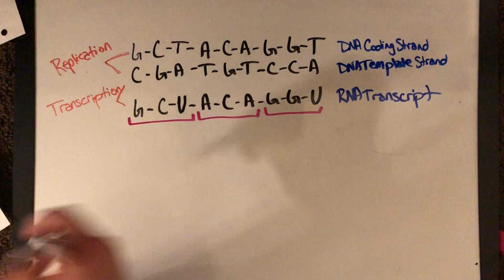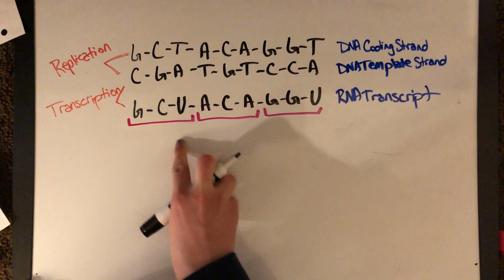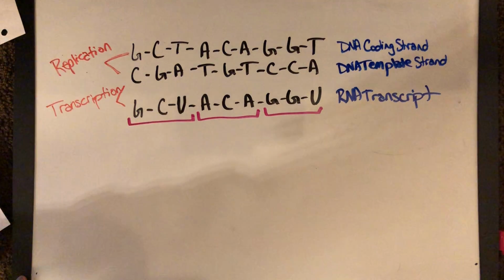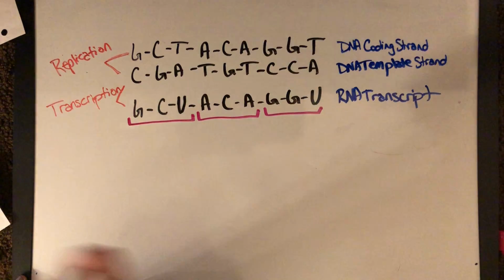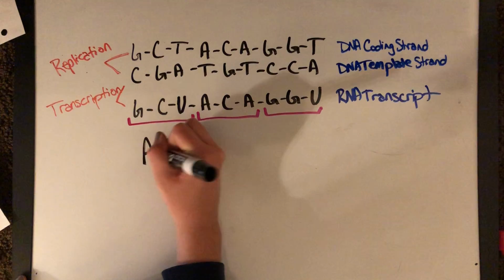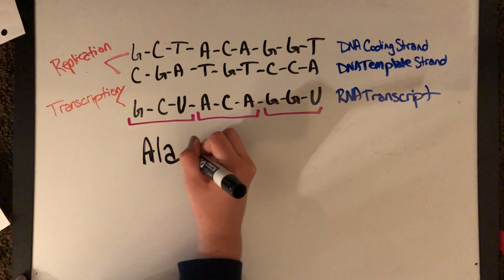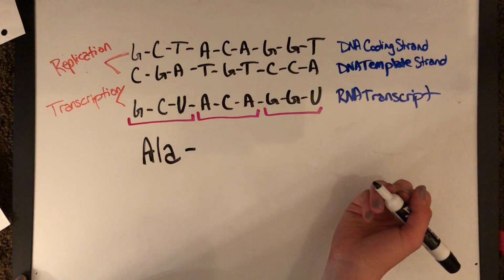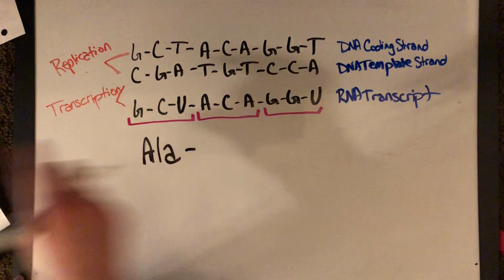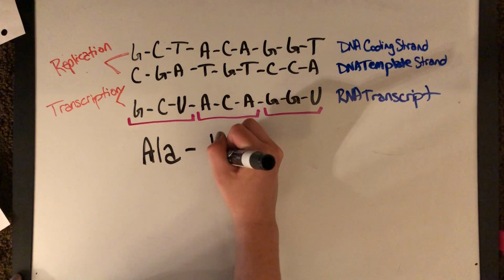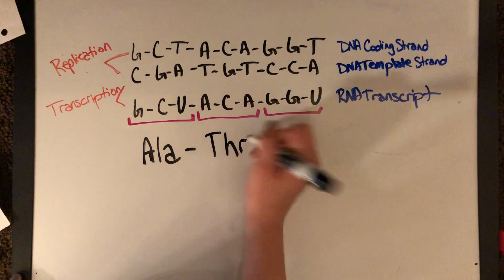If we look at our amino acid chart, our G, C, and U would match up to be alanine, ALA. ACA would be threonine, THR.